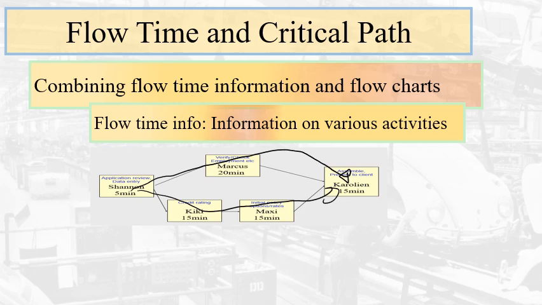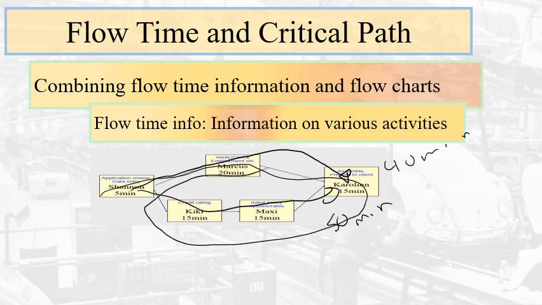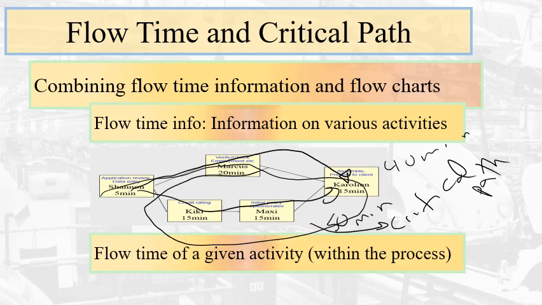If we sum all the times along this top path, we get 5 plus 20 plus 15, so that's 40 minutes, while the bottom one is 30, 35, 50. So right away we know that the longest path is this path right here, which would be the critical path. So in the critical path method, all we're doing is identifying the different routes or paths, and the longest path is going to be the critical path.